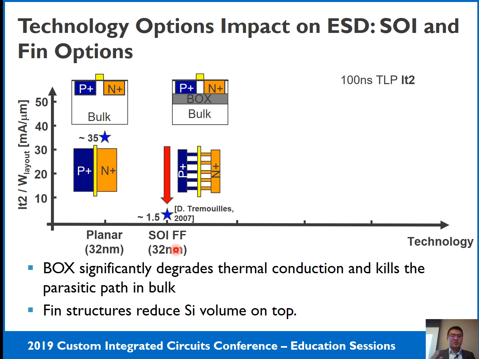The reason is first, the buried oxide will significantly degrade the thermal dissipation, and this buried oxide will also kill the parasitic current path in the bulk region. Then the fin structure will reduce the silicon volume on top, so that's why you get such huge degradation.